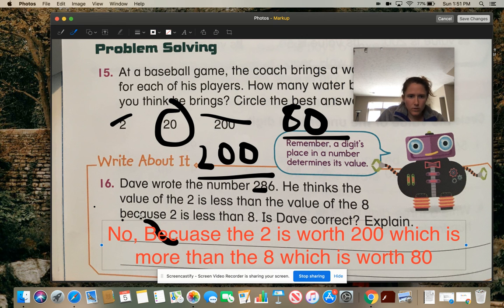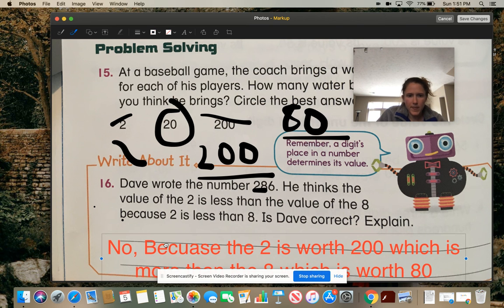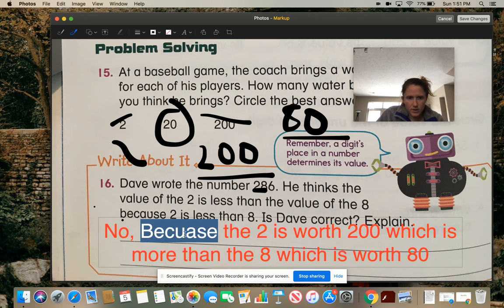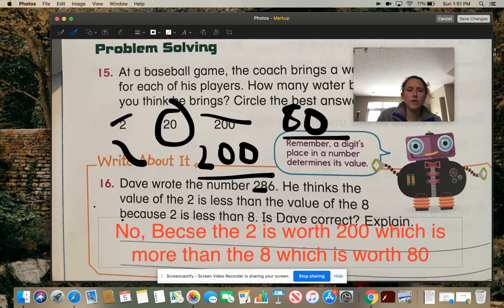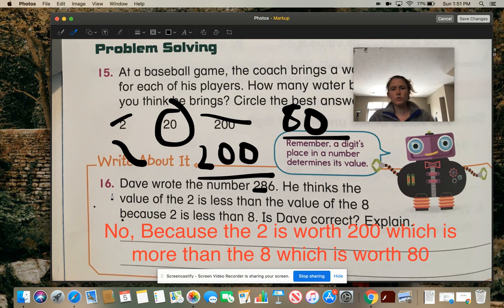So no. Let me get rid of this little black dot. There we go. And then I spelled something wrong. B-E-C-A-U-S-E. No, because the 2 is worth 200, which is more than the 8, which is worth 80. So is Dave correct? No, because this 2 is worth way more than the 8, because 200 is more than 80. Or you could say no, because 200 is more than 80 if you wanted to keep it simple.